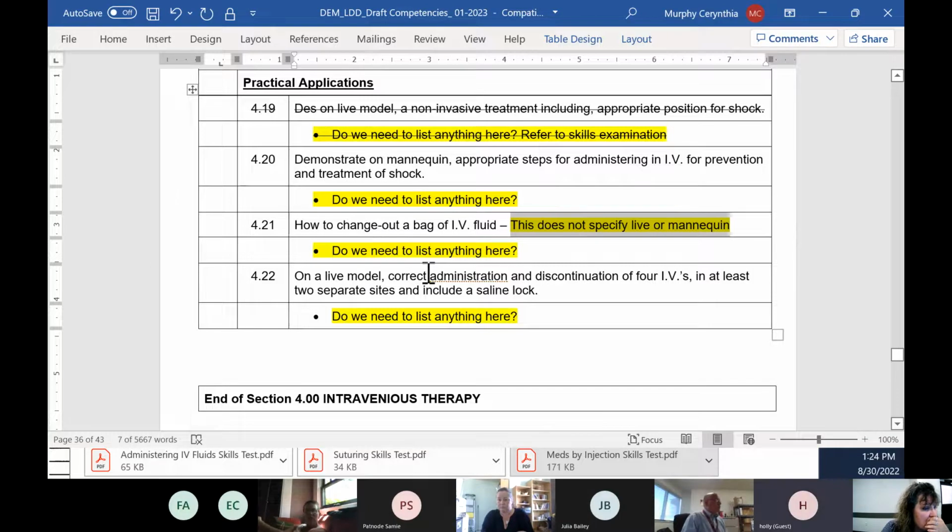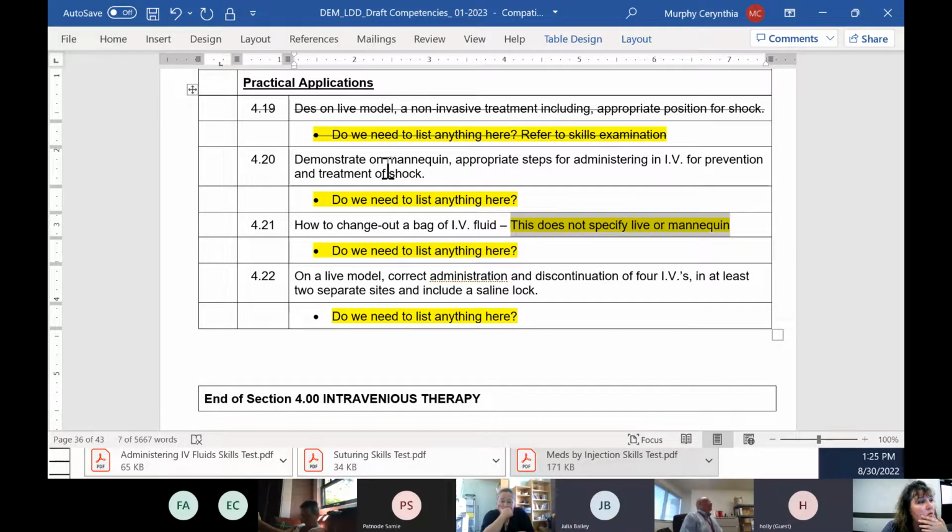So what I would prefer is to have them submit, in order to be able to do the skills test, something that shows that they have done 4 successful IVs, rather than having us test them for 4 successful IVs, which would require 4 live models. Do you see what I'm saying?